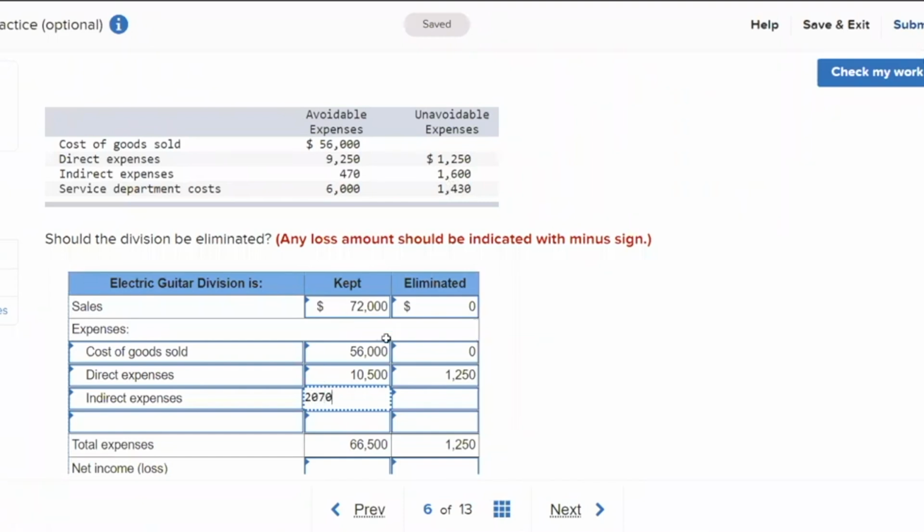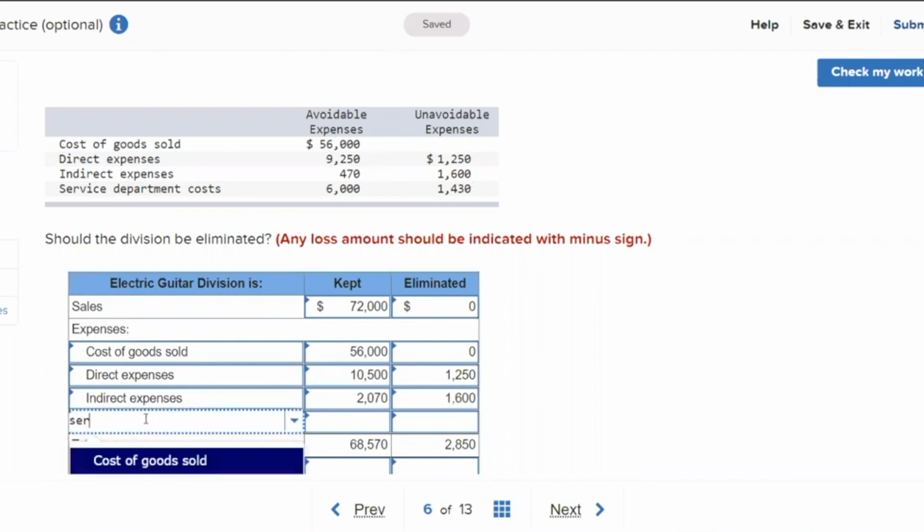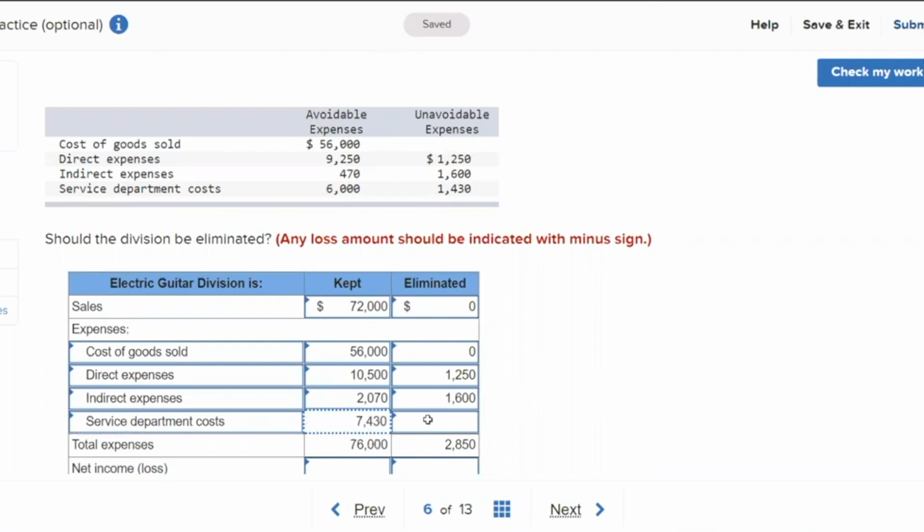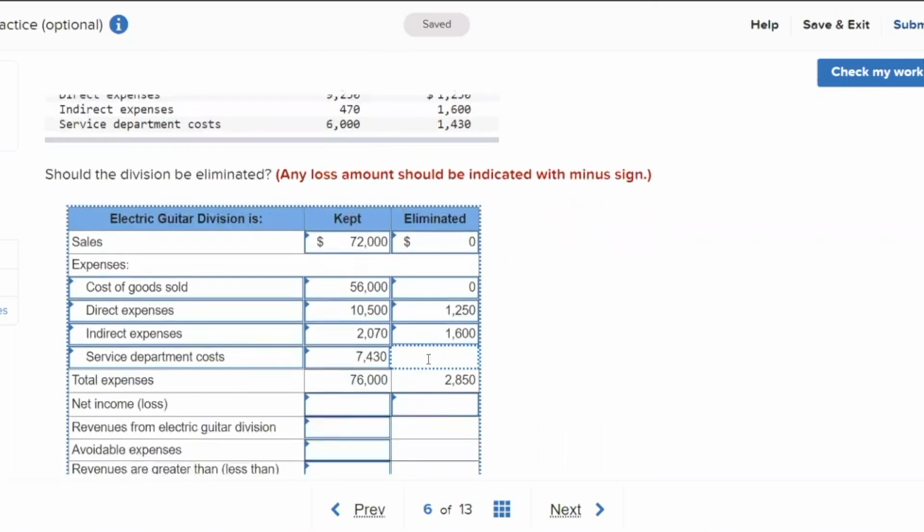But if we eliminate electric guitars, we're still going to have 1,600. And service department cost at 7,430. If we eliminate electric guitars, we will still have the 1,430 because that's going to be there no matter what. So there's our revenues, our expenses.